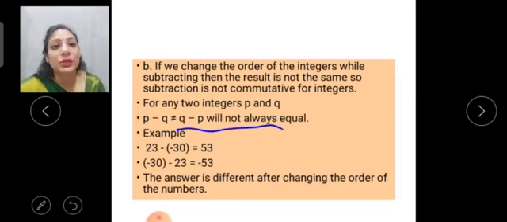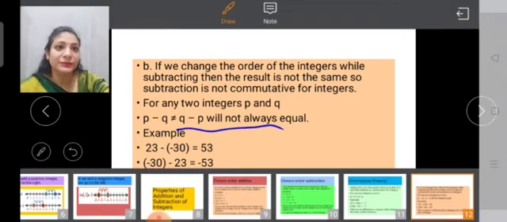Example, 23 minus minus 30 will be equal to 53, whereas minus 30 minus 23 is equal to minus 53, which is not equal. So, the answer is different after changing the order of the numbers. So, we can say subtraction is not commutative for integers.